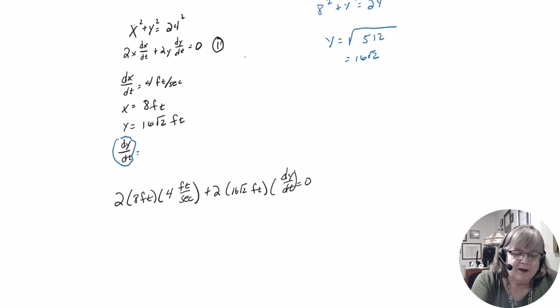Okay, so when I set this up and solve it, I can just move everybody around, right? And so you would multiply and divide and all this other good stuff, and you would have dy/dt is minus 2.828 feet per second.